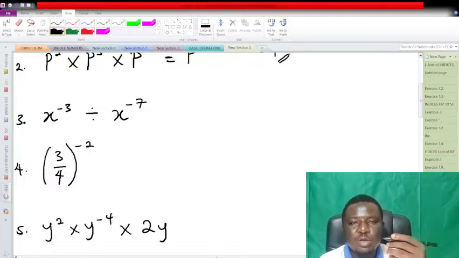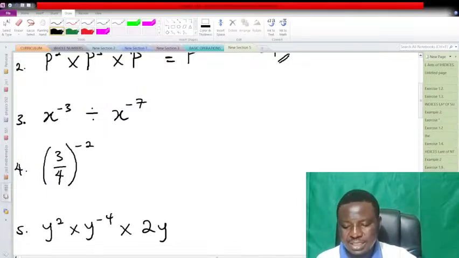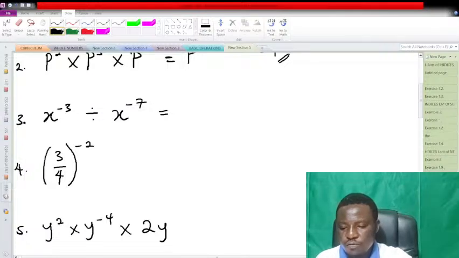Now I'm going to solve, if need be, all of them. Thereafter, you can then resolve them on your own. I think that will give you a better understanding. So this is equal to, law of division says when you are dividing and the bases are equal, you subtract the powers.